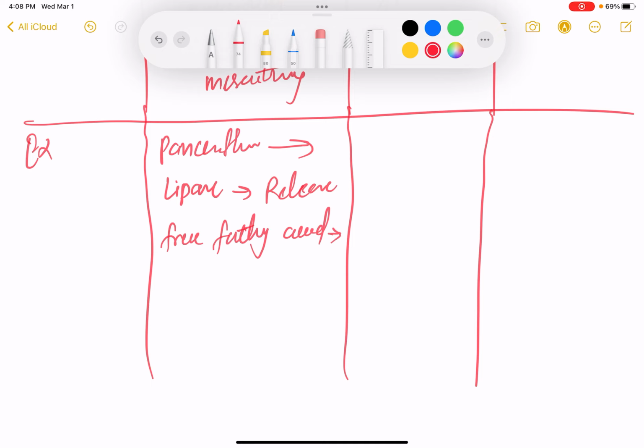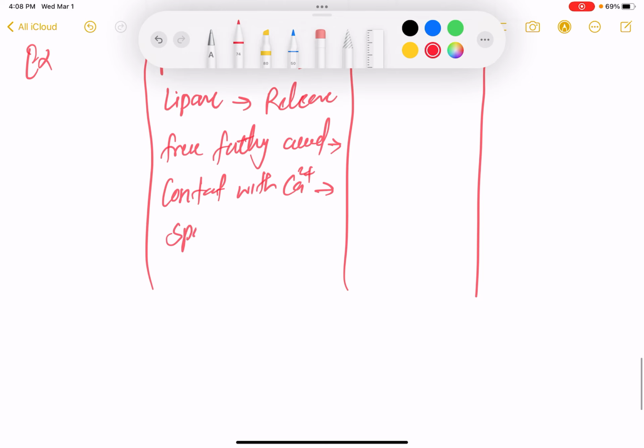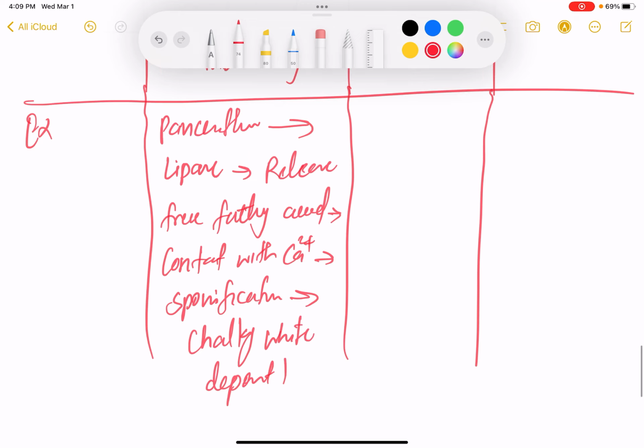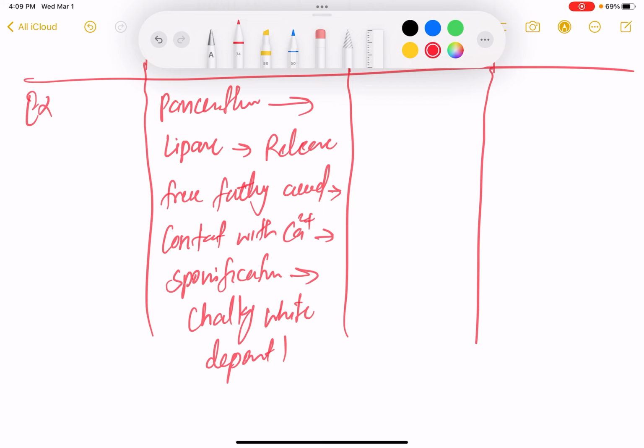The free fatty acid contacts calcium and there is saponification. Then it appears as a chalky white deposit.